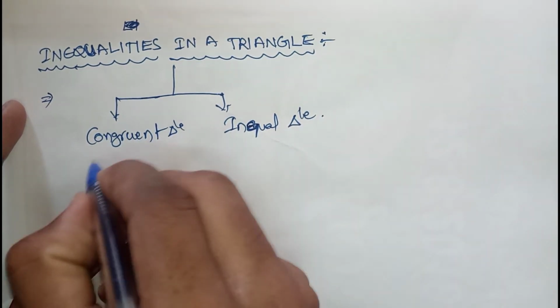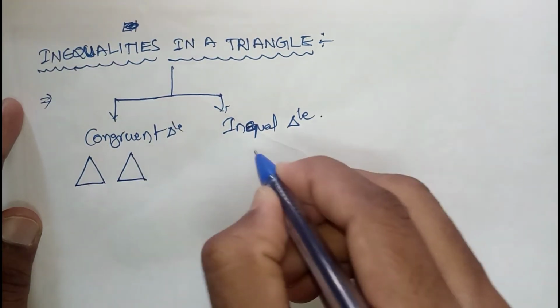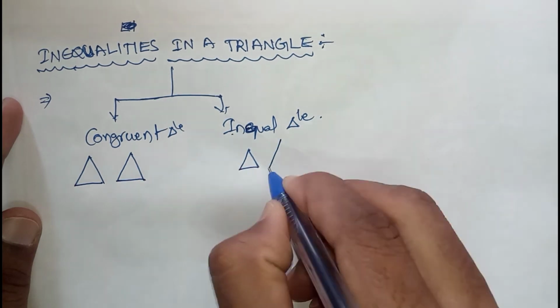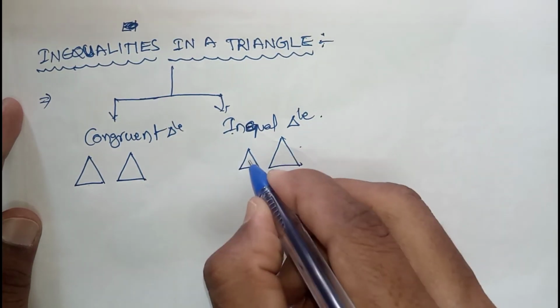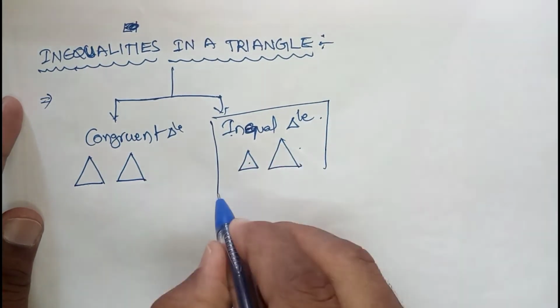In congruent triangles, triangles are equal in size and shape, but in unequal triangles they are different in size and shape. It is larger than this triangle. Now we are going to deal with these triangles.